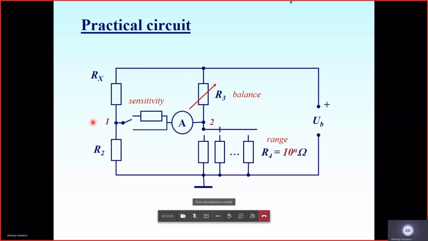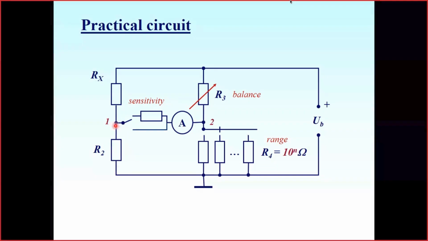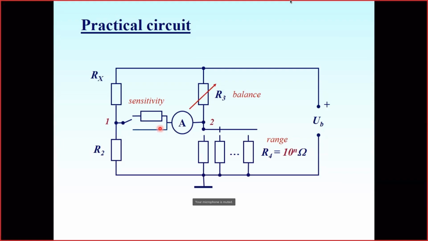That's why very often in analog bridges the device which actually measures the voltage or current through the bridge, the current which flows from 1 to 2 or back, is an ammeter. The ammeter has a smaller resistance, but very often we have the possibility to connect some resistance in series with an ammeter to make the measurement rougher.